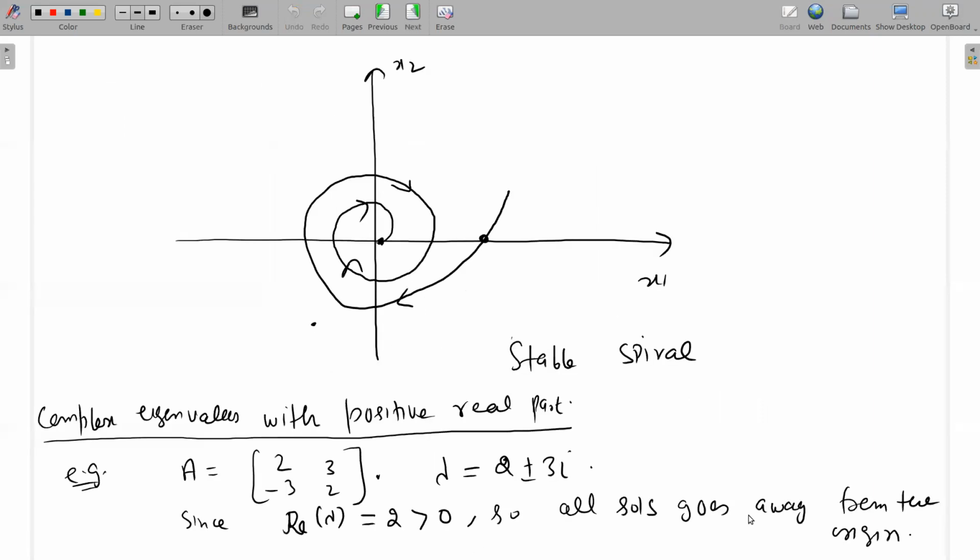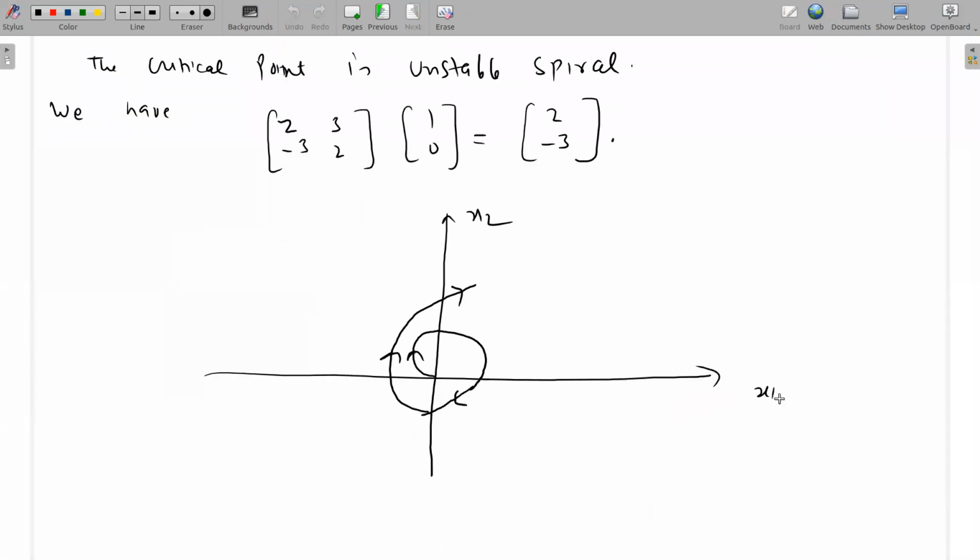Of course, in exam you need to write in systematic manner. Maybe let us say you got this example, so you will say that consider the system x dash equal to Ax, where A is this matrix, and draw the phase portrait, and sketch the direction of solution. Okay, so like this.